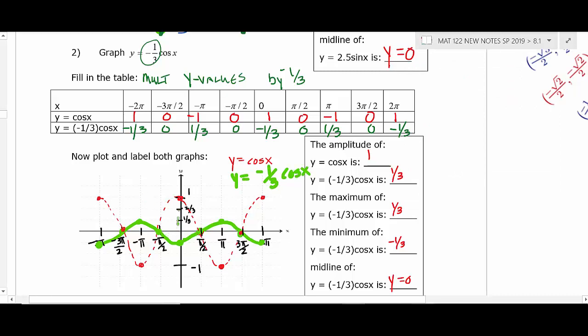A logical way to do this to me was to make 3 notches 1 and then divide it up into thirds. Okay, do it that way. See, if you made this 1, your graph would be so tiny I could hardly see it. So it's worth fixing that if you didn't do it that way. And then make sure that you had amplitude of cosine 1, 1/3 the amplitude of the graph -1/3 cosine x, max 1/3, min -1/3, and midline y equals 0.